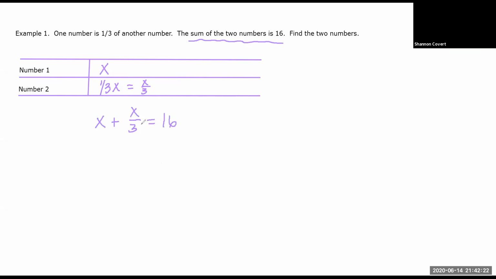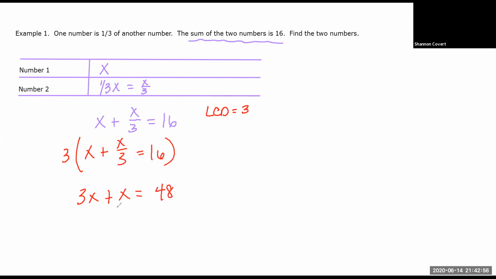Notice I have x over 3, that's giving me my rational. And when I have a number in my denominator, I need to find my least common denominator, which in this case is 3. So I will multiply everything by 3. 3 times x is 3x. 3 times x over 3 is going to be x. 3 times 16 is 48. 3x plus x is 4x equals 48.